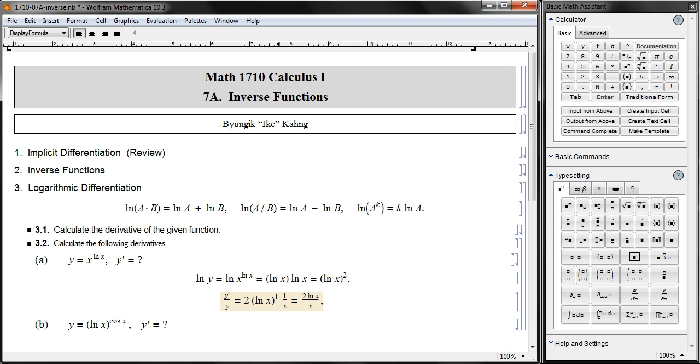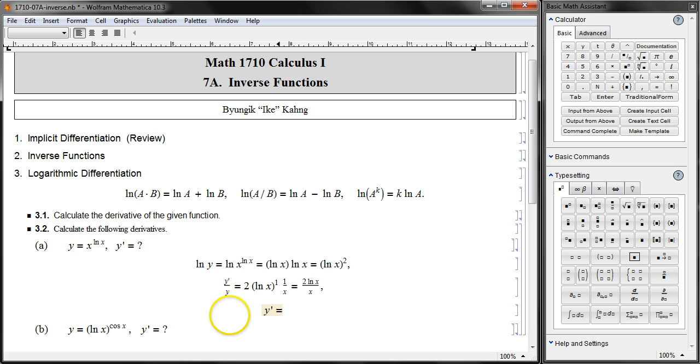And please don't stop here, because this is where a lot of students stop. They get exhausted. We are looking for y prime, but here the left hand side is y prime over y. So you have to flip this to the other side, which is y times whatever you got before.